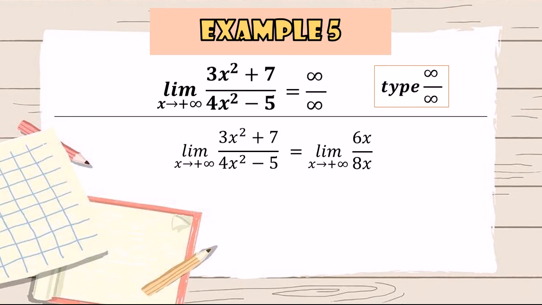We still don't get the answer if we use direct substitution because it's still an indeterminate form. So we'll do L'Hospital's rule again. The derivative of 6x is 6 and the derivative of 8x is 8. So now we can reduce this to lowest terms. So we have 3 over 4 as our final answer.